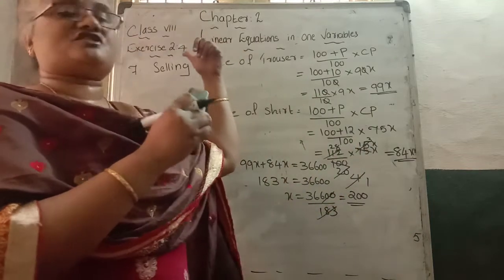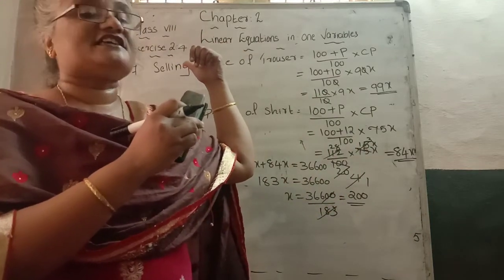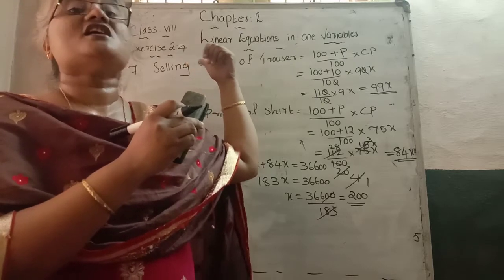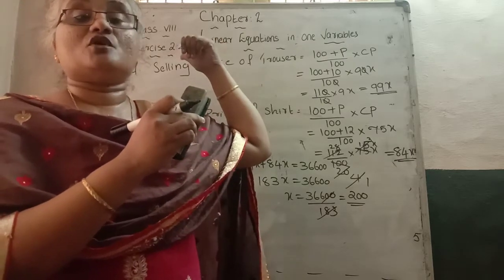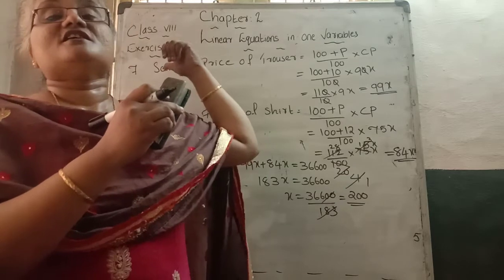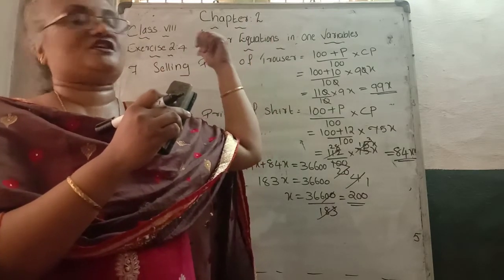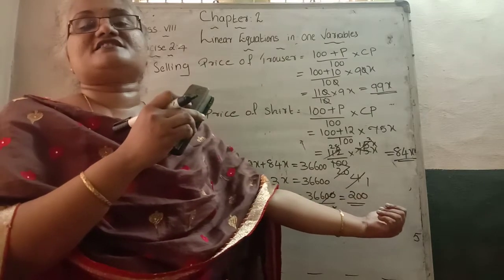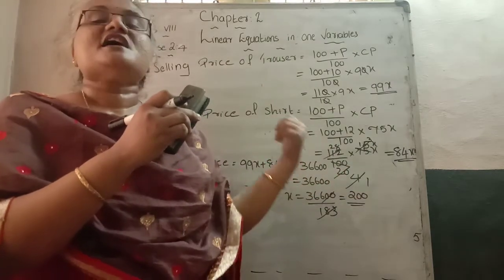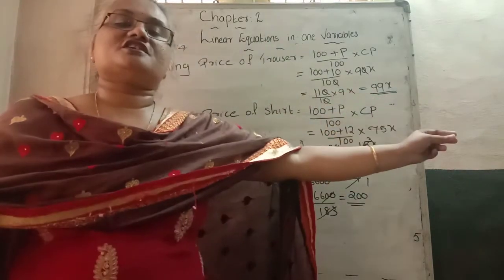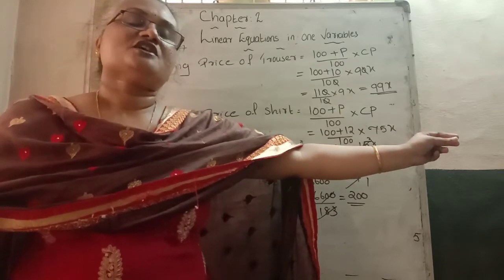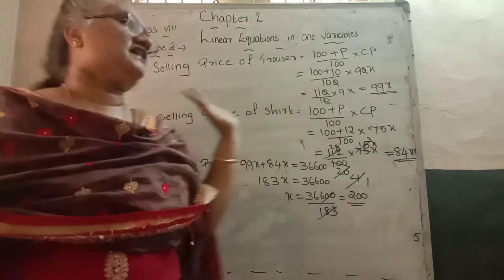Then what they ask us to find out is the original material bought for the trouser. We considered an alphabet x in the first step, so substitute x as 200. So we understood that the length of trouser cloth he purchased is 200 meters.